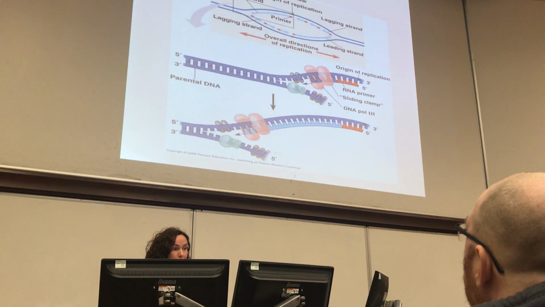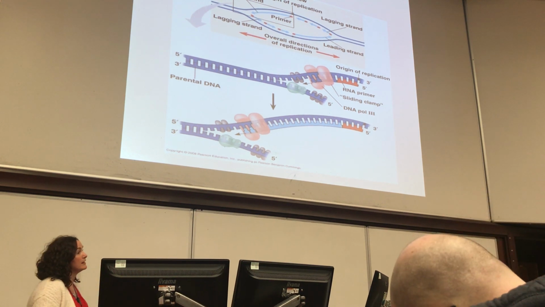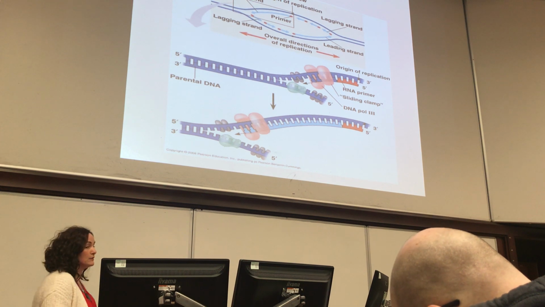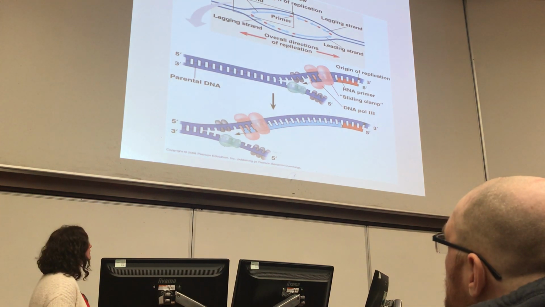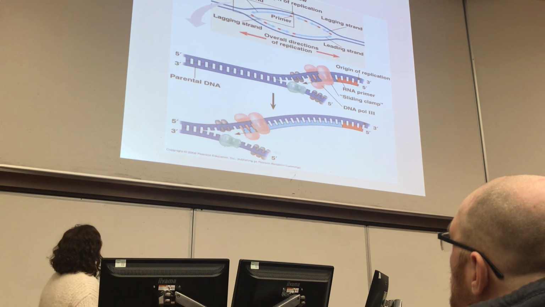So we'll only look at bacterial replication. Prokaryotes and eukaryotes are very similar. More work has been done on bacteria, but they are very similar. But for simplicity, I will stick with bacteria.